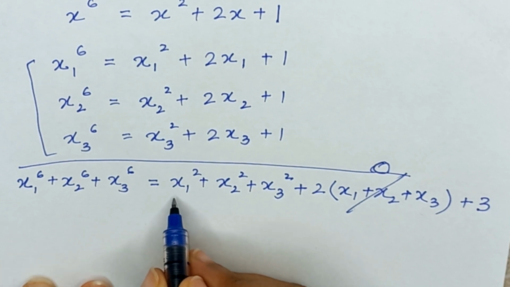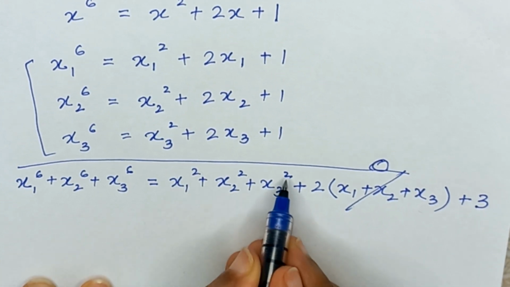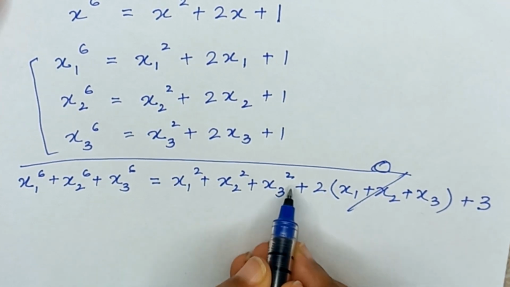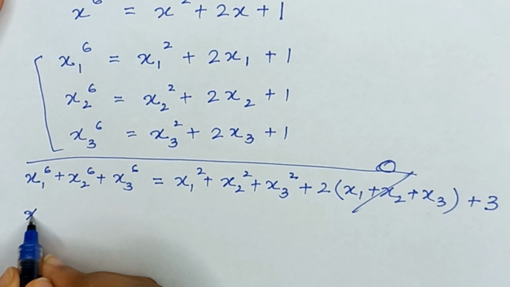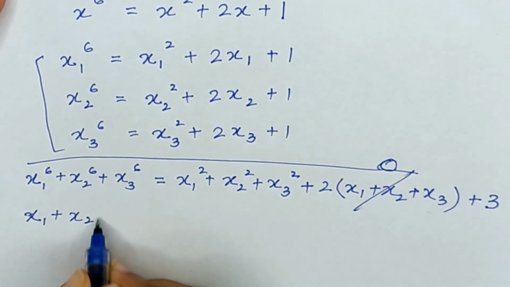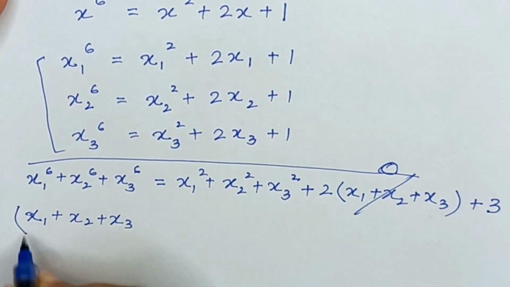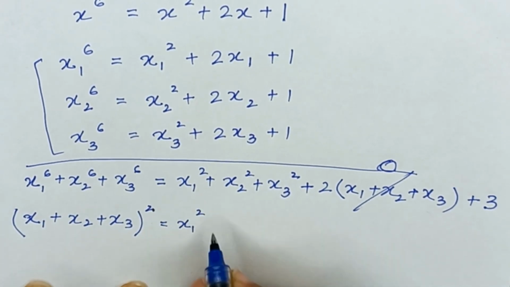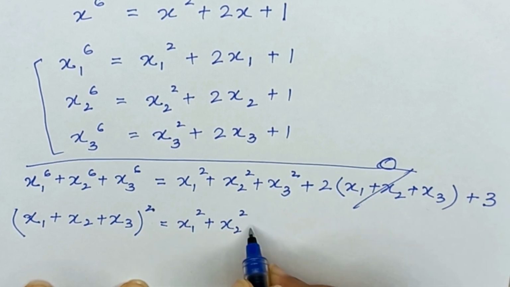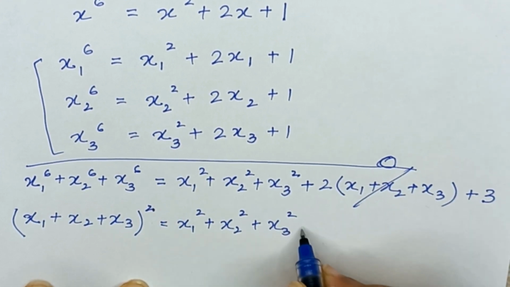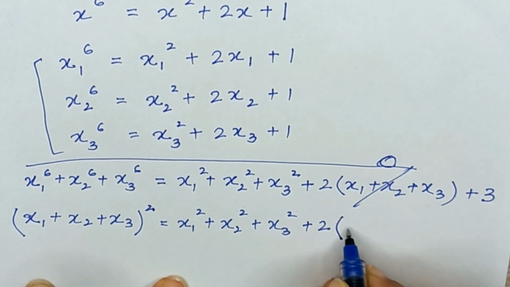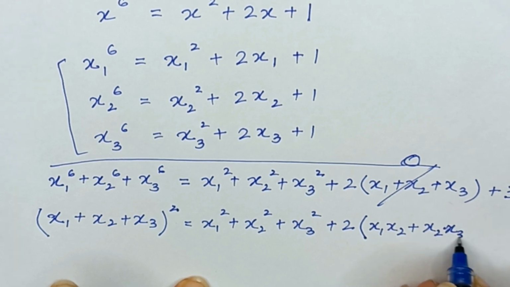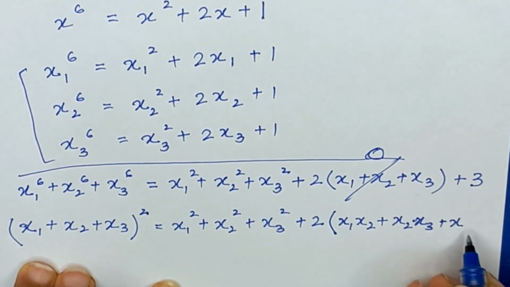But I do not have the value of x1 square plus x2 square plus x3 square. So how can we find it? If I take the square of x1 plus x2 plus x3, it becomes x1 square plus x2 square plus x3 square plus 2 times x1 x2 plus x2 x3 plus x1 x3.